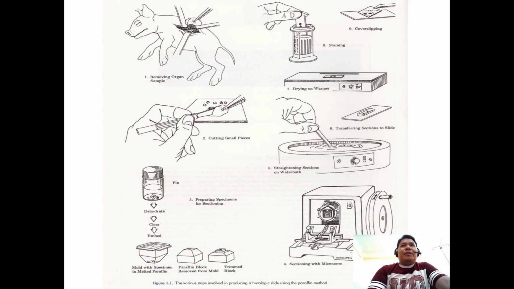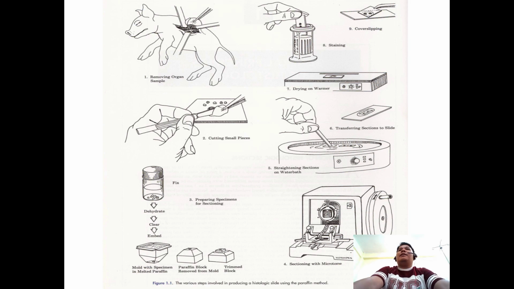This intermediate step is called clearing, which is essential before infiltrating the dehydrated tissue with paraffin because alcohol and paraffin do not mix. During infiltration, melted paraffin completely replaces the xylene.